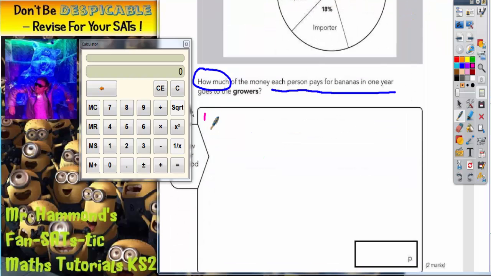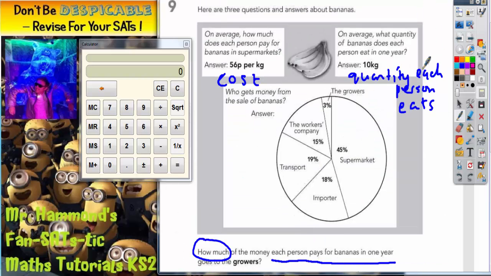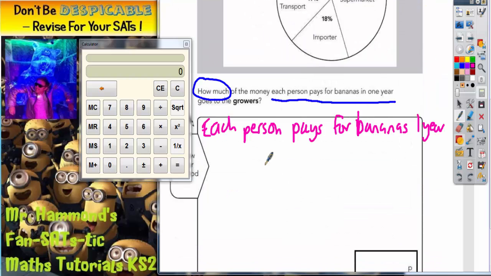Each person pays for bananas in 1 year 56 pence per kilogram. Well, they eat 10 kilograms. So it's 56 pence times 10. 56 pence times 10 will be 560 pence.